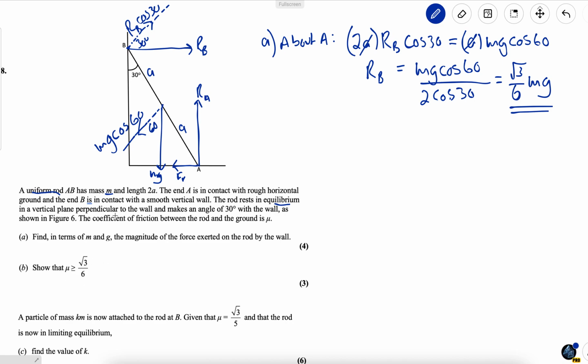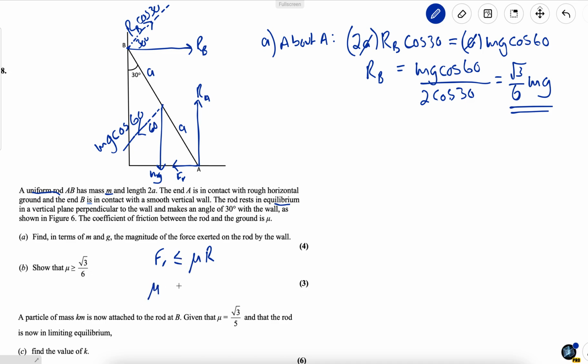The next part is to show that mu is greater than or equal to root 3 over 6. Now, we haven't read anything in the question about the ladder being on the point of slipping. It's in equilibrium, so if it's not on the point of slipping, then we can't assume that friction is limiting and F equals mu R. F could be less than or equal to mu R. So I need an equation with mu on its own, so I'm going to write this.